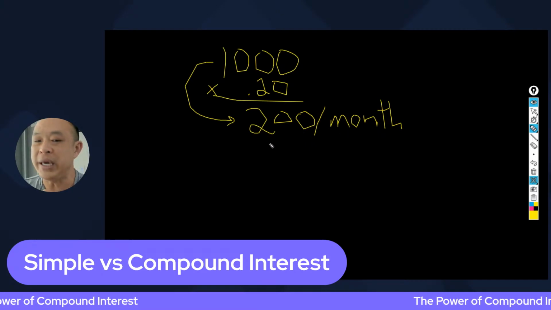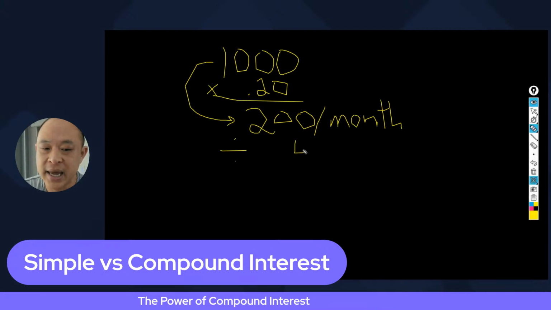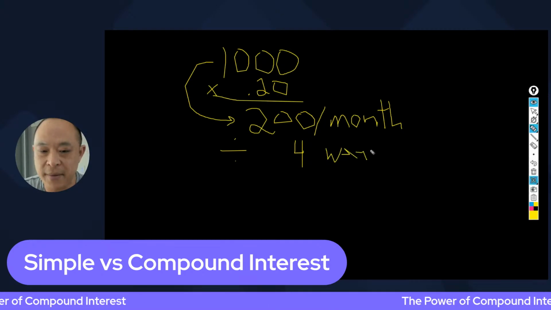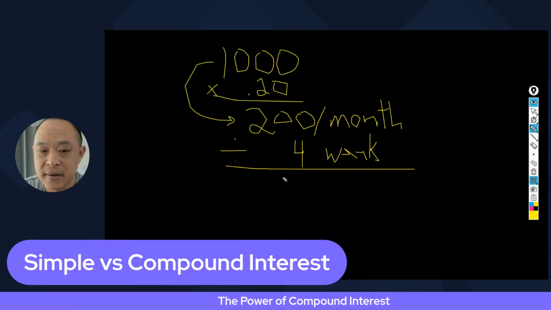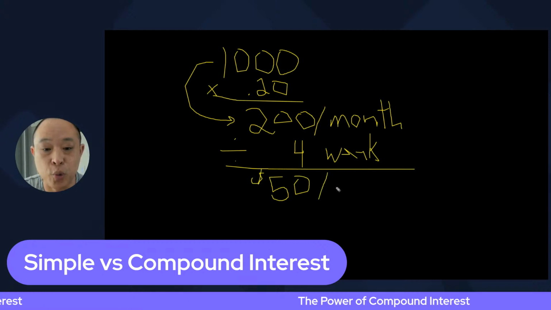Let's do it by weeks. How many weeks are in a month? All right. So if I divide this by 4 weeks, how much money do I need to make per week? What's 200 divided by 4? That's $50 per week.